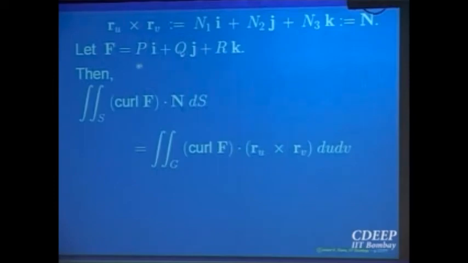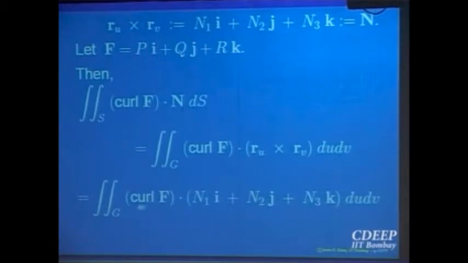Curl of F, F we know. Ru cross Rv, we know this is N. The dot product we can compute. So it will be the dot product of two vectors, right? Many terms will come because curl F will give you three terms in terms of differences of partial derivatives of P, Q and R. So let us write that. So this is N1, N2, N3. Let us put in the value of curl F and expand this dot product.